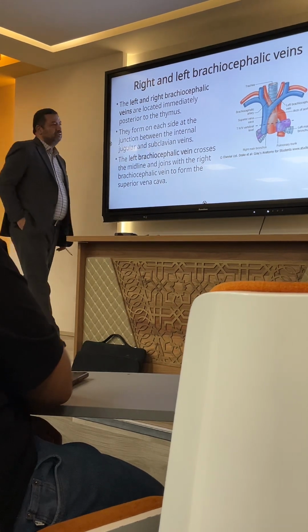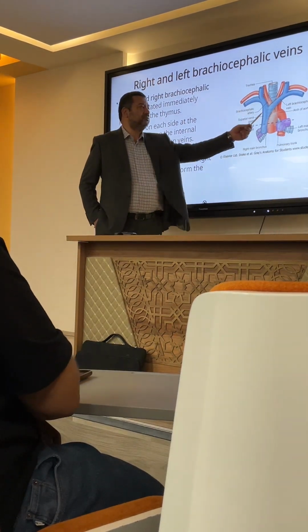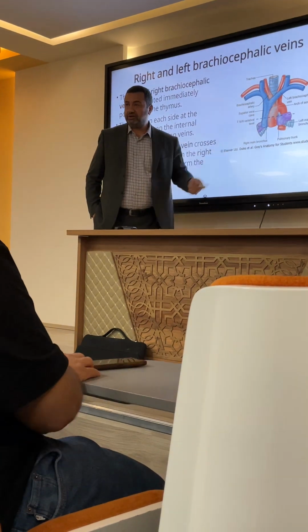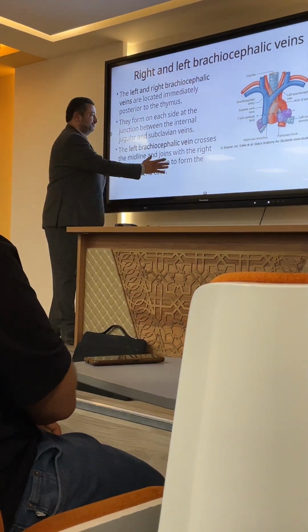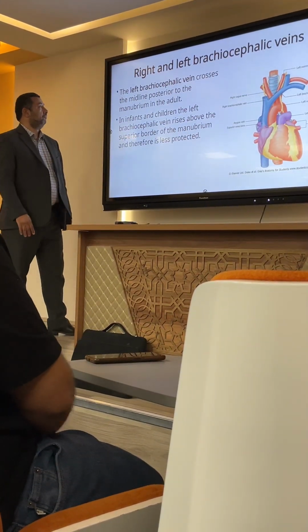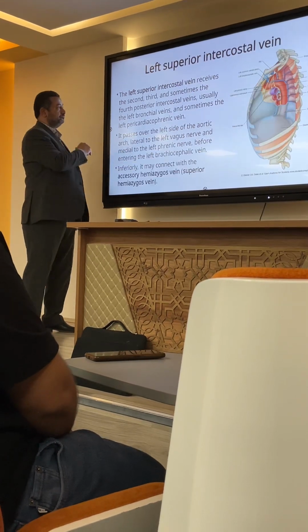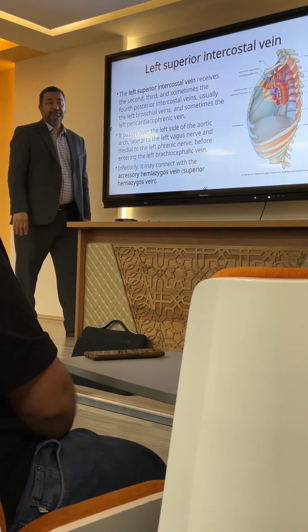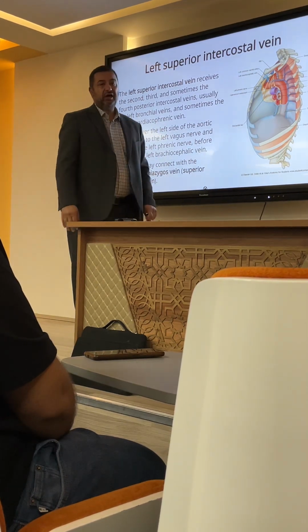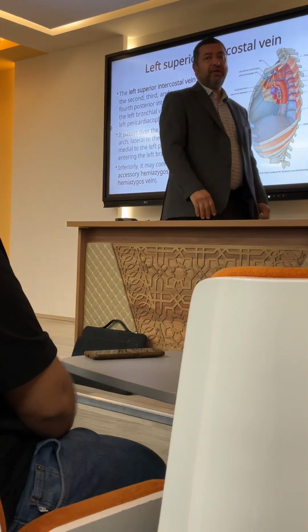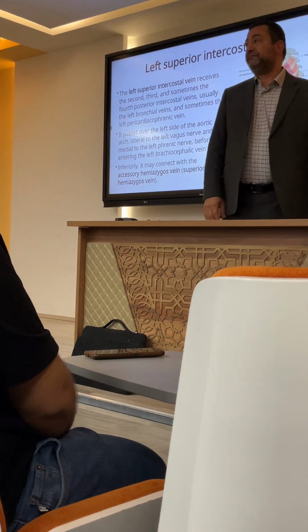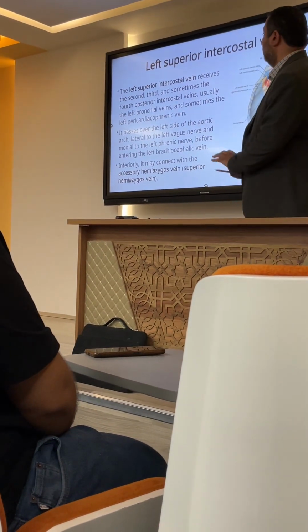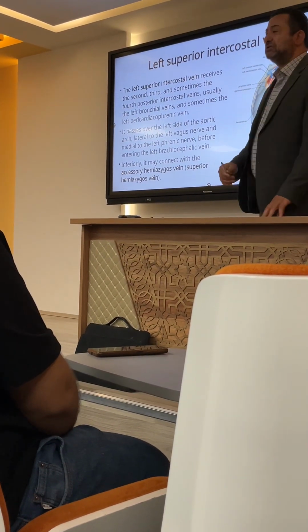Okay, I told you about right and left brachiocephalic veins. Another structure in the superior mediastinum is left superior intercostal vein.